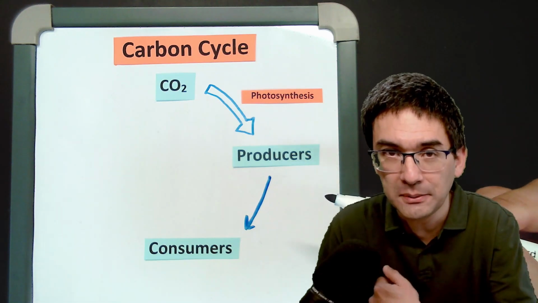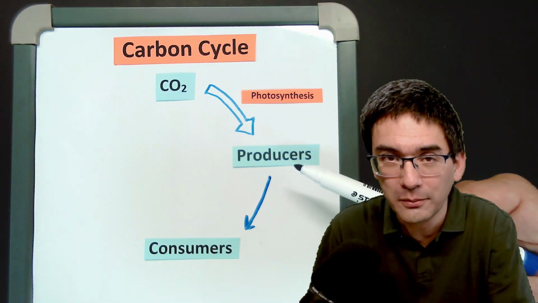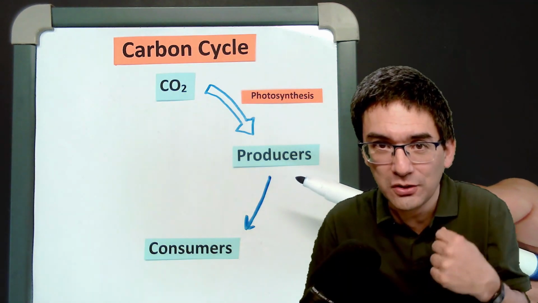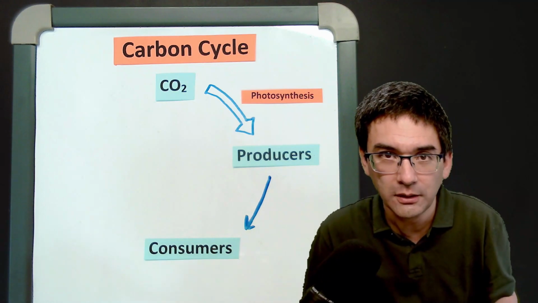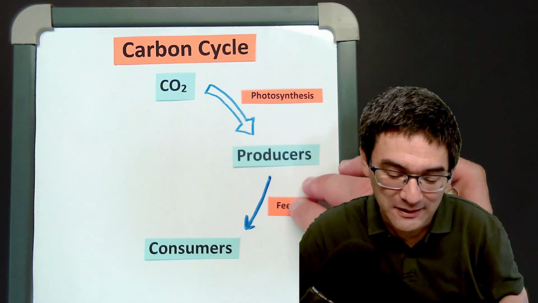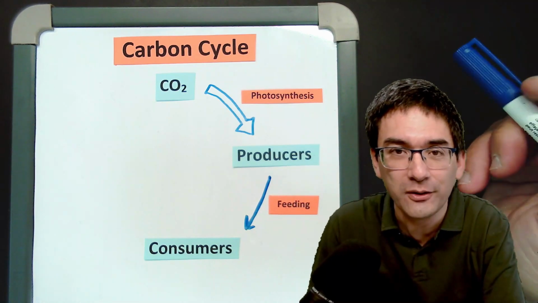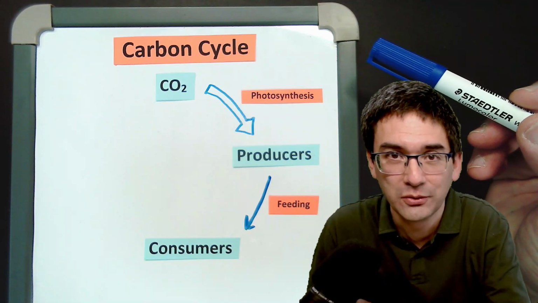So when I eat a plant, a carrot, a banana, then the carbon from the plant goes into my body. Well, that's why I have to draw the arrow in this direction. And I just said when I'm eating something, so of course feeding, when consumers feed on the producers, that's why it goes in.